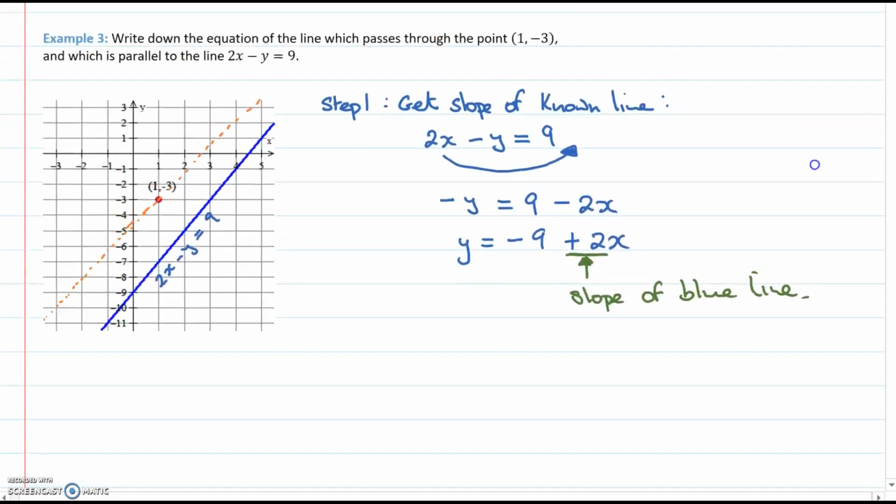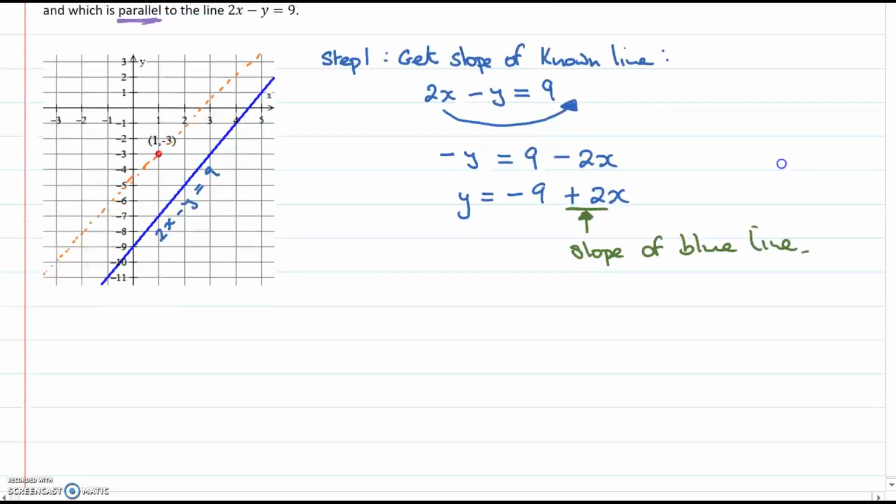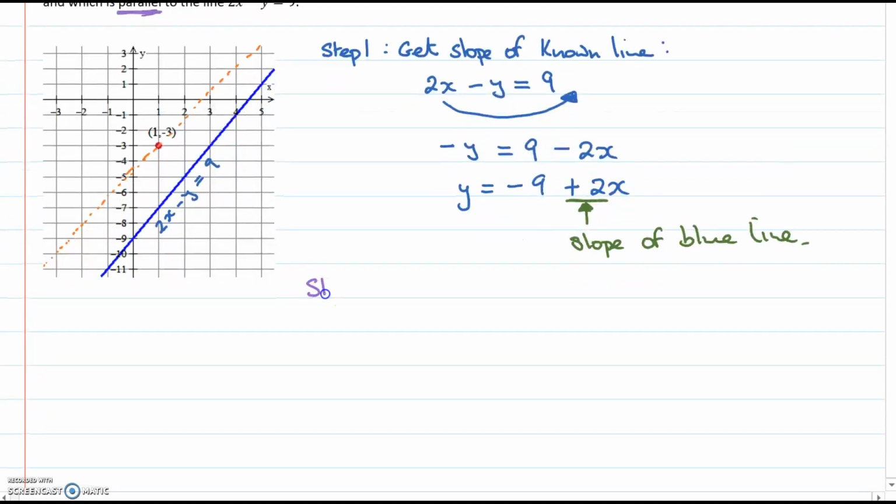And step 2 depends on the fact that the line that we want is going to be parallel to the line that we have. Step 2, just one sentence basically.